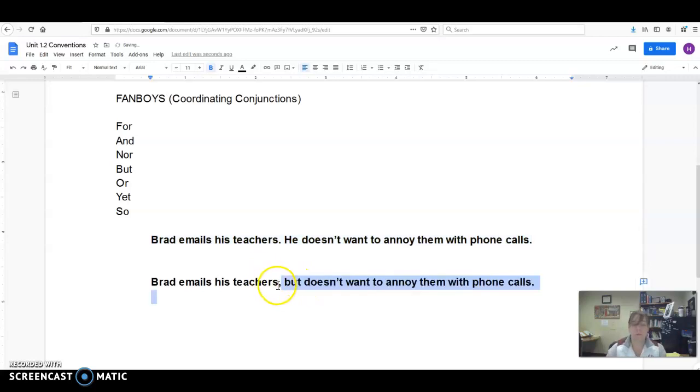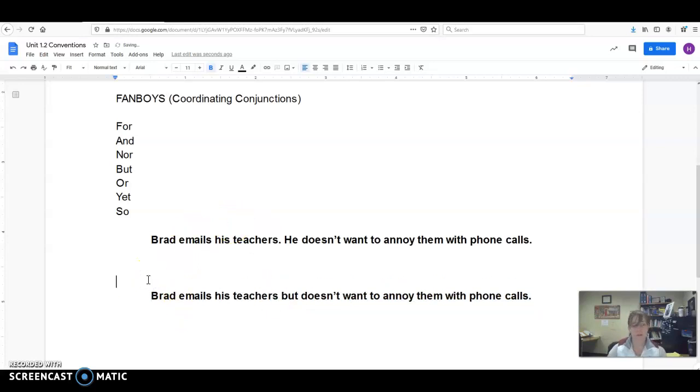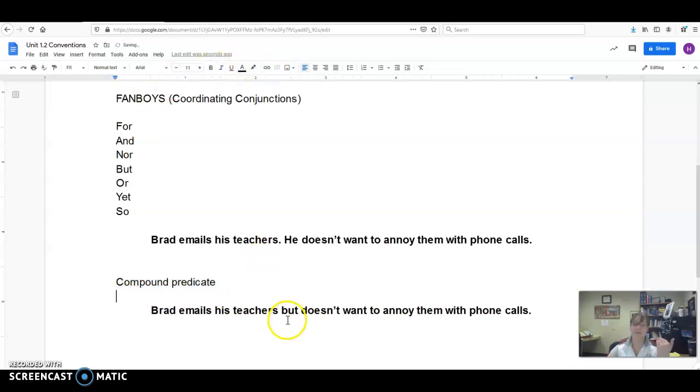This is what's called a compound predicate. Compound predicate. This, again, is a super fancy grammatical term that you don't necessarily have to remember, but what you do need to remember is that if you have a subject acting on a verb over here, and you have a subject acting on a verb over here, you have two independent clauses, and you need a comma here.